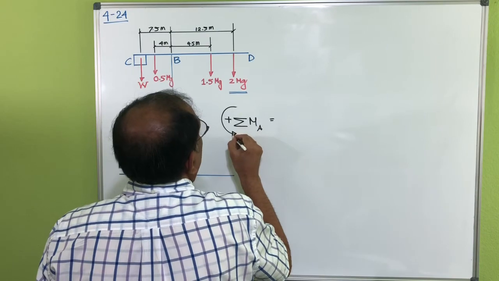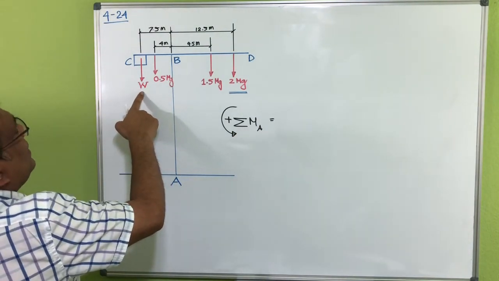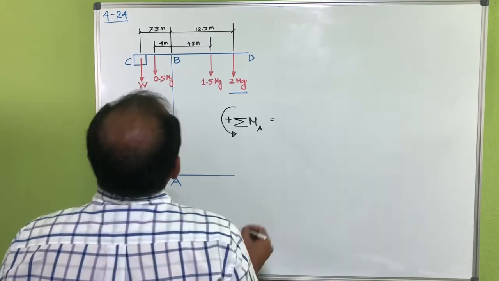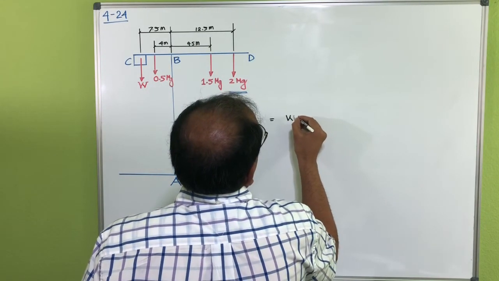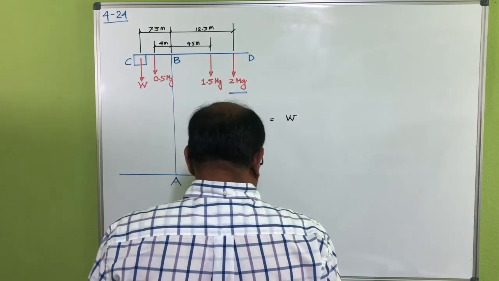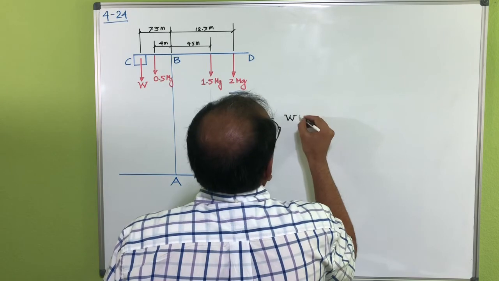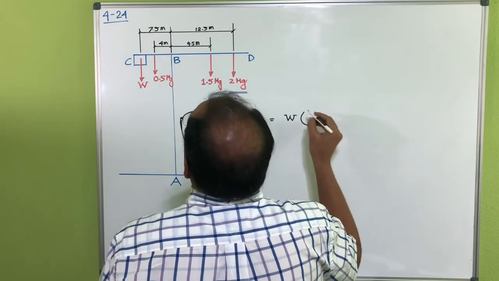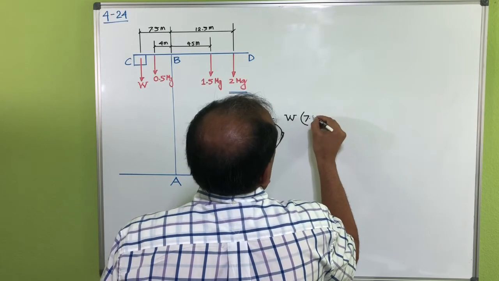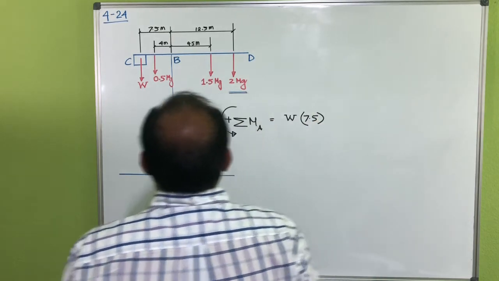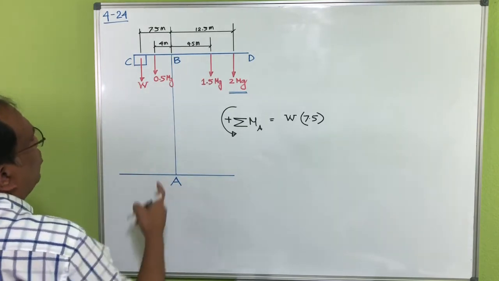Okay, so I'll start from this one. The moment for this one is W, I can keep that W, multiplied by 7.5. That's the distance from A to the line of action of that force.